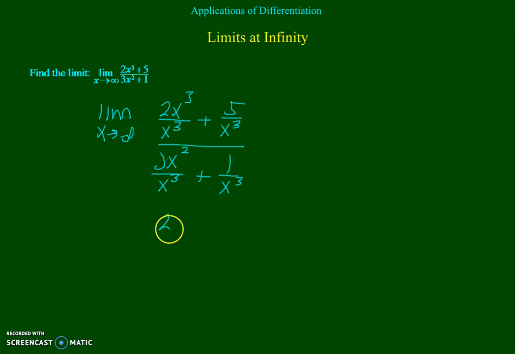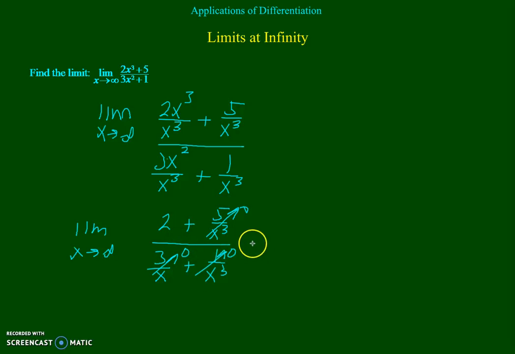This simplifies to 1 plus 5 over x to the third, over 3 over x plus 1 over x to the third. And when we take the limit as x approaches infinity of this quantity, this goes to 0, this goes to 0, and this goes to 0. 2 divided by 0, 0 goes into 2 an infinite amount of times, so this limit does not exist.